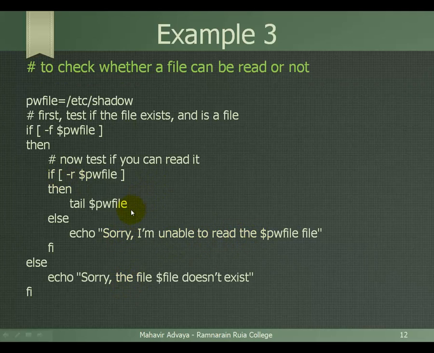So this is how we check the file. So these file comparisons can be used in various cases where you are dealing with files, checking whether the file exists or not. If the file exists, whether it is readable, writable, or executable, or if a file is older than or newer than the existing file, and so on.